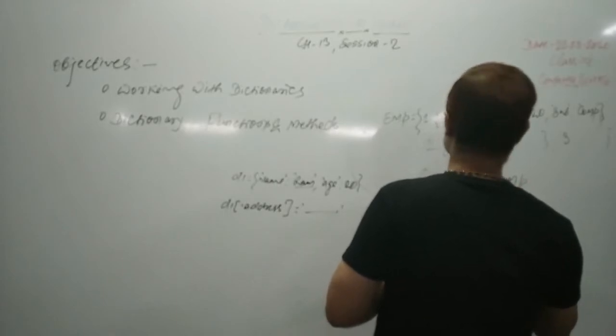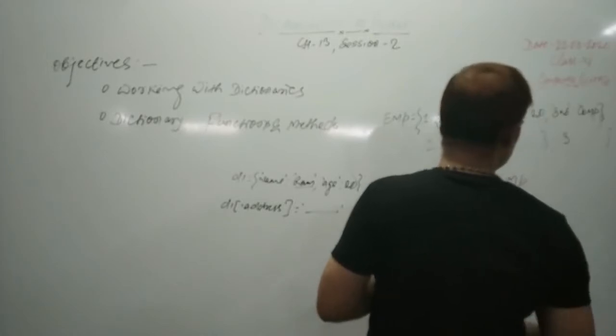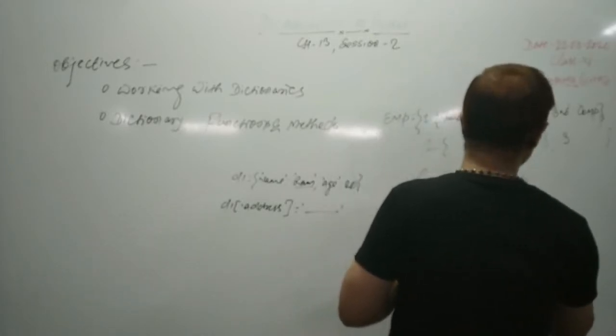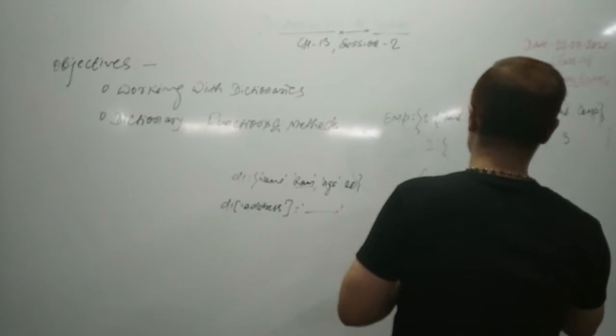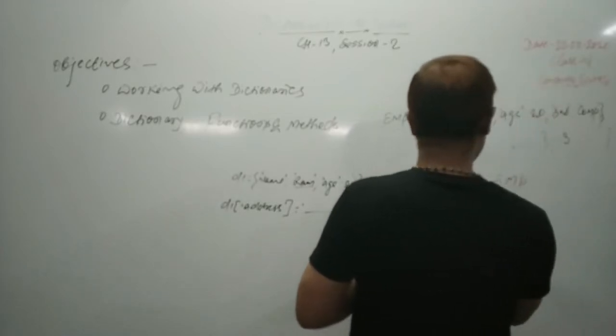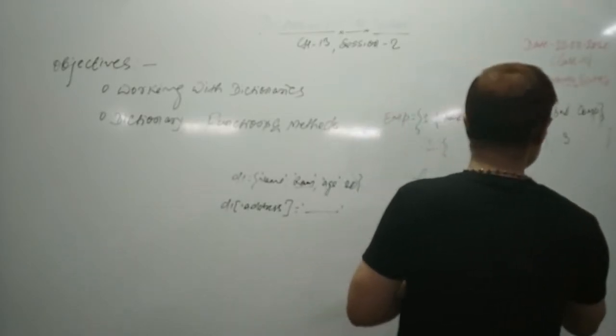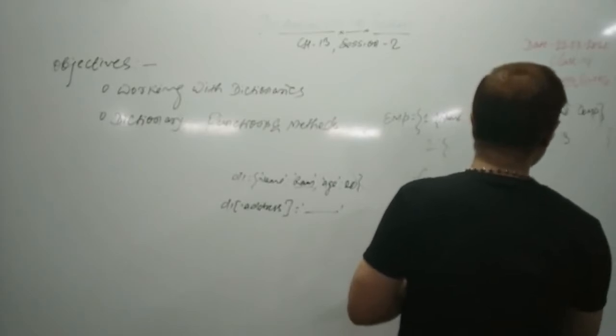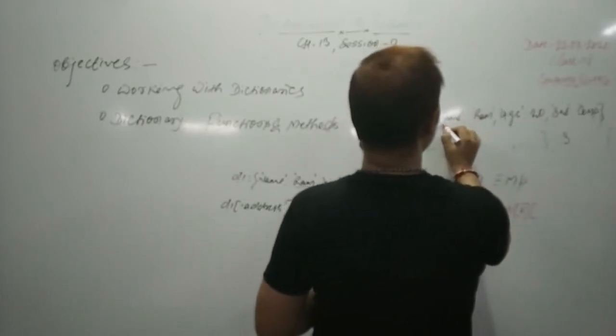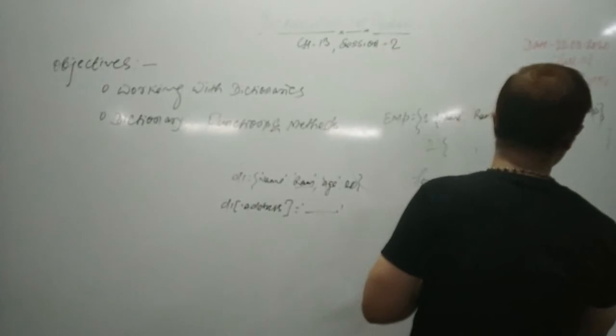So your dictionary is emp, and then k, meaning key, and simultaneously a sub key you want, so you can mention the name.